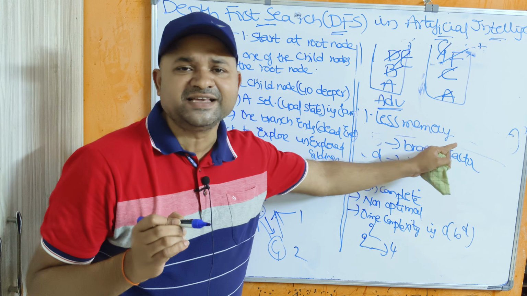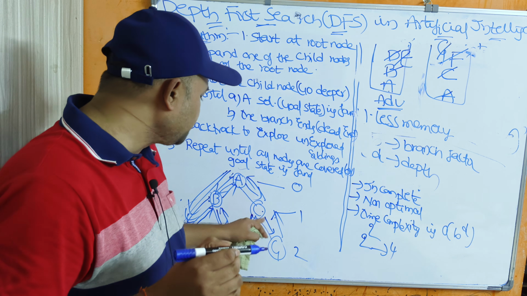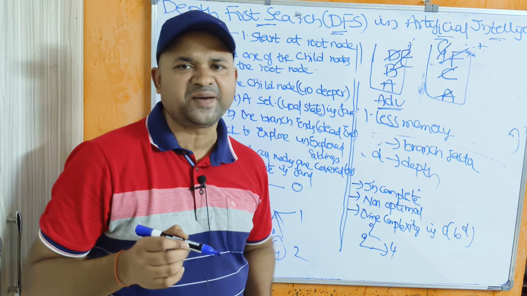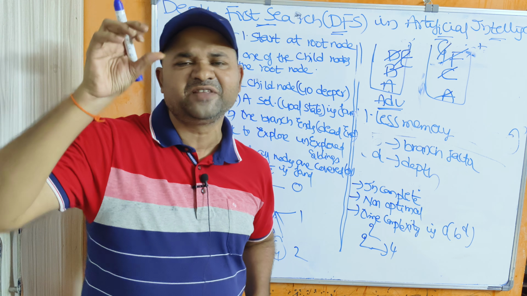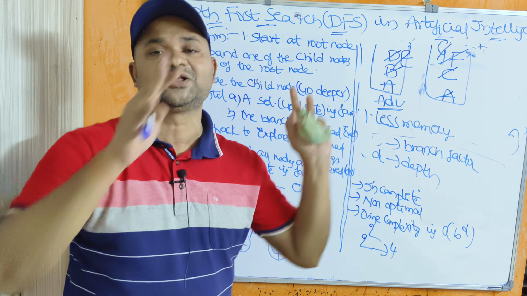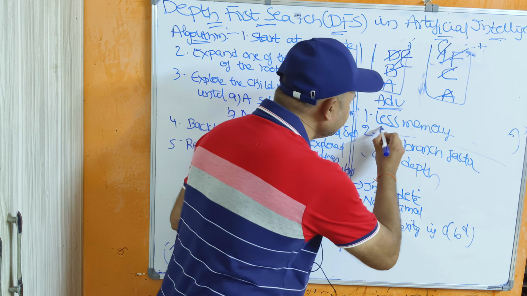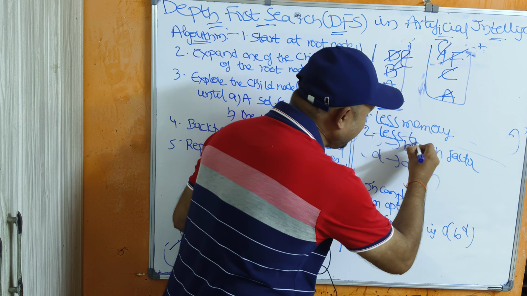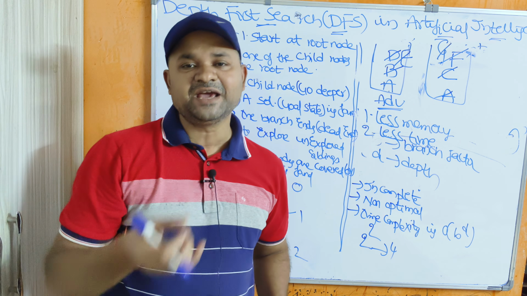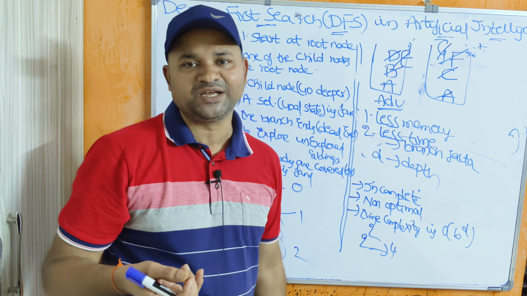Then less memory is required to store these nodes, and there is no need to explore all the remaining nodes. So DFS occupies less memory when compared with BFS when the solution is available in the initial paths only. And the next advantage is it requires less time than BFS if the solution is available in the initial path only.